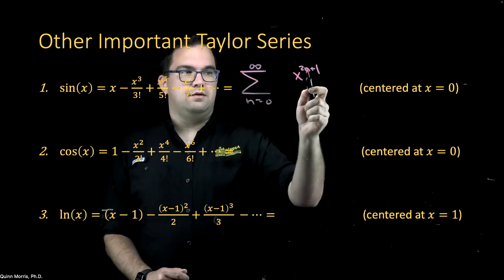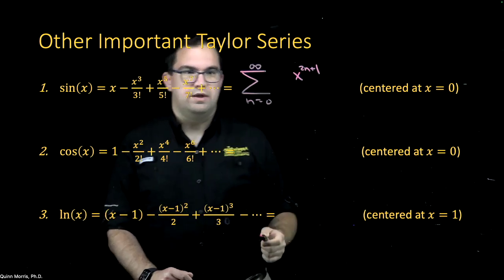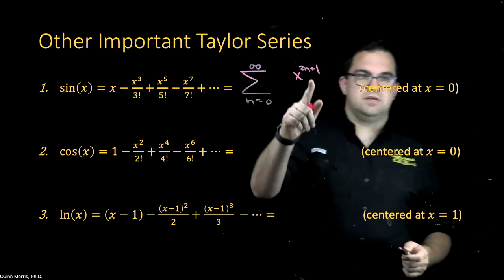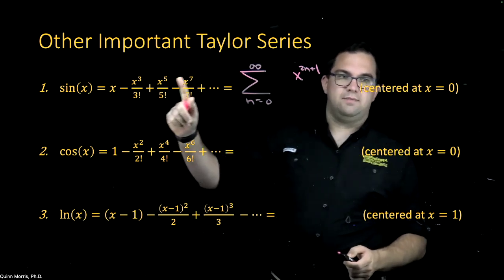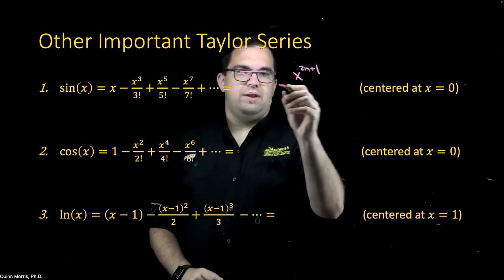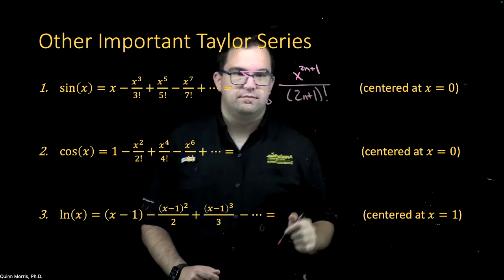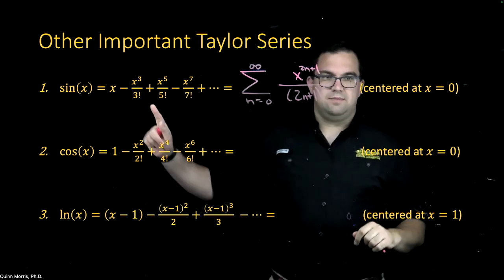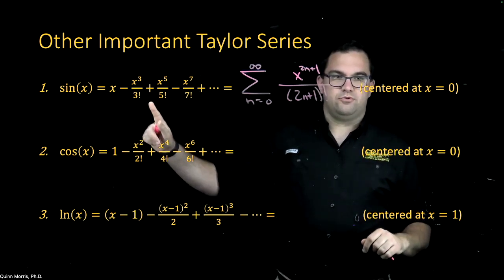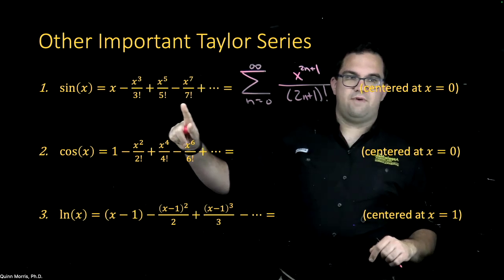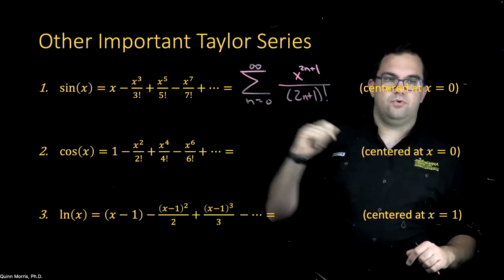When n is 1, this gives me 3. When n is 2, this gives me 5. So this is only going to give me the odd powers. And then I want to have these over that same number factorial. So this is going to give me an x, x cubed over 3 factorial, x to the 5th over 5 factorial, x to the 7th over 7 factorial.